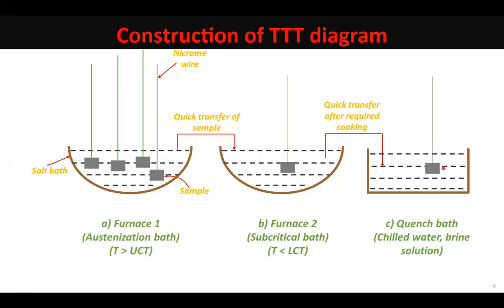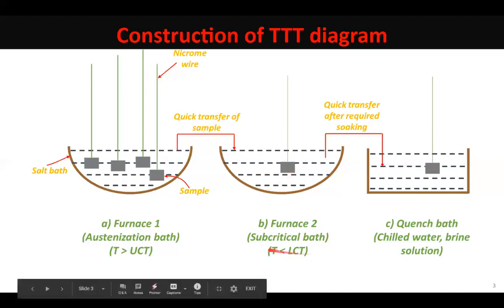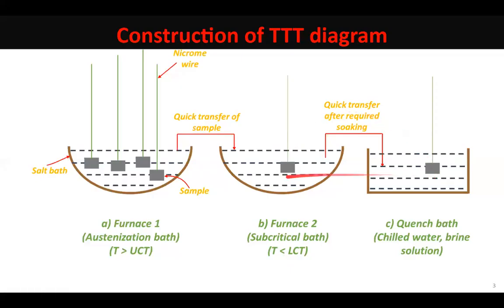Where has this 100% martensite come from? This 100% martensite has come from 100% austenite. That means at this temperature, where you had held the steel for some period of time, none of the austenite present in the steel transformed to some other phases. That is why 100% martensite has been seen in the sample, because there was still 100% austenite over here.